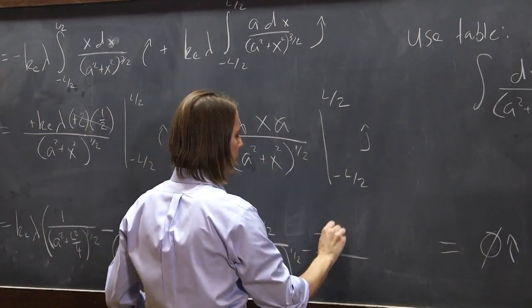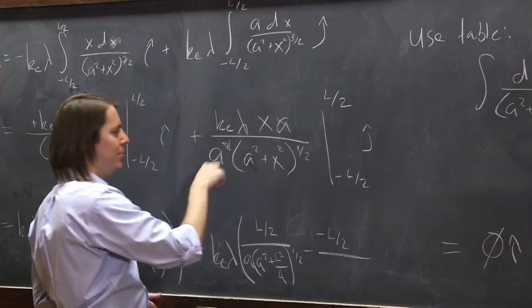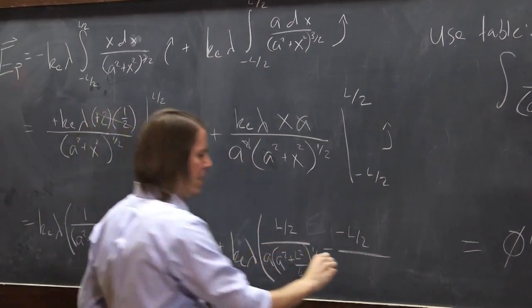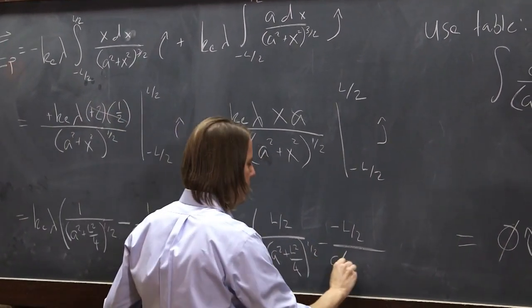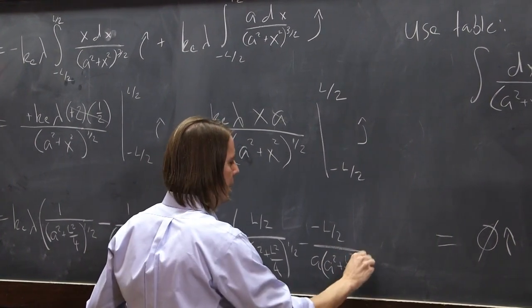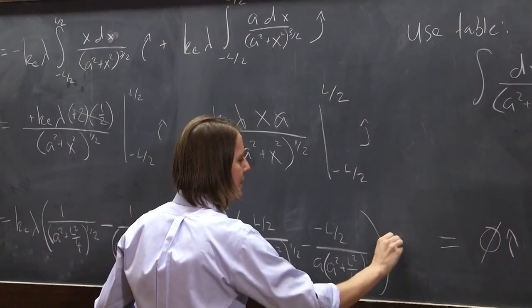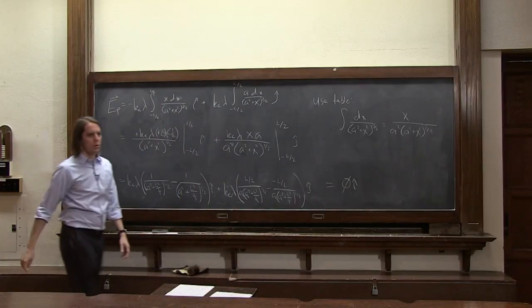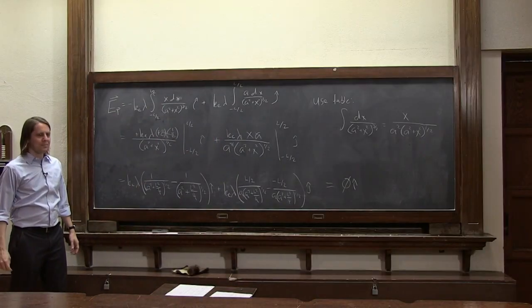So minus L over 2, and then the bottom is going to be a squared plus L squared over 4 to the 1/2, like that, j hat. Whew. Just enough room. Okay.